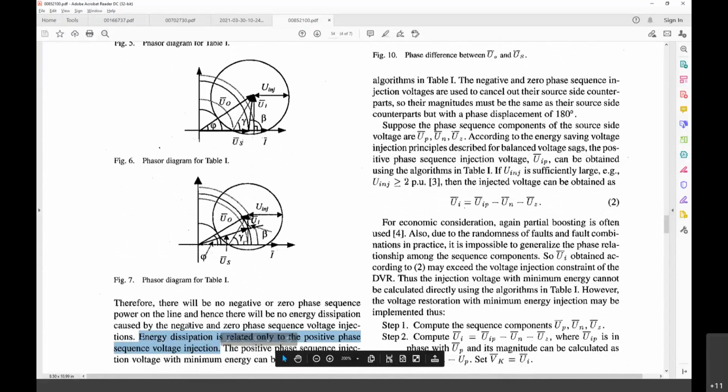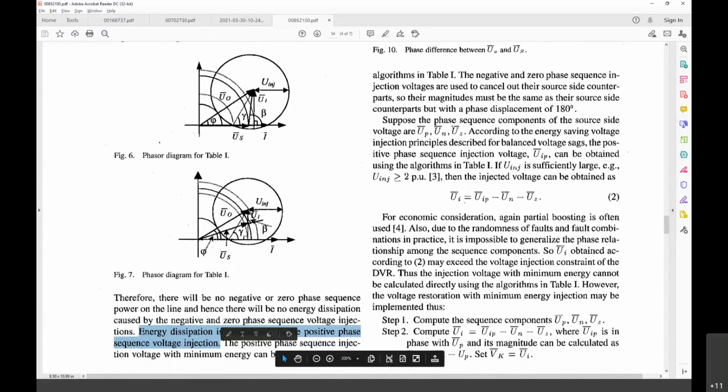I have not explained the minimum energy injection. I'm talking about any unbalanced voltage sag: they make the compensation with respect to the positive sequence voltage injection only. The point I want to highlight is that we only need to consider the positive phase sequence voltage.